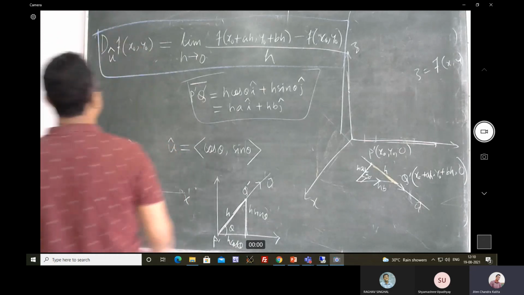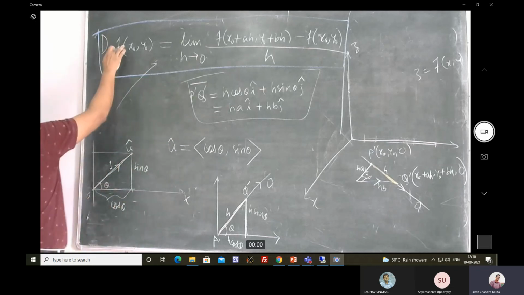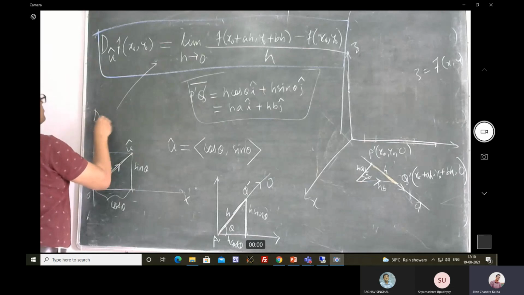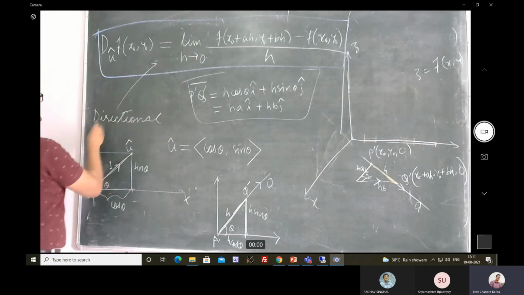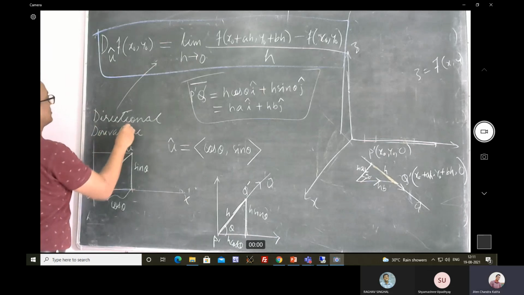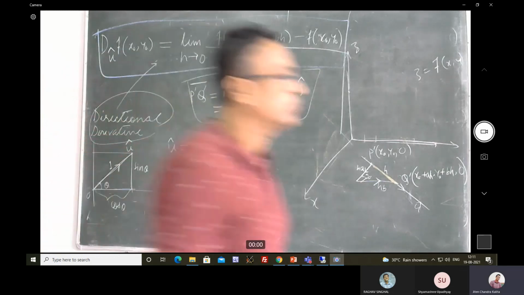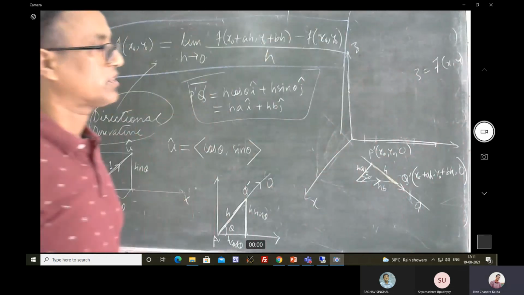This is called the directional derivative of the function f in the direction of u cap. Is it okay? Fine. So this is about the directional derivative.